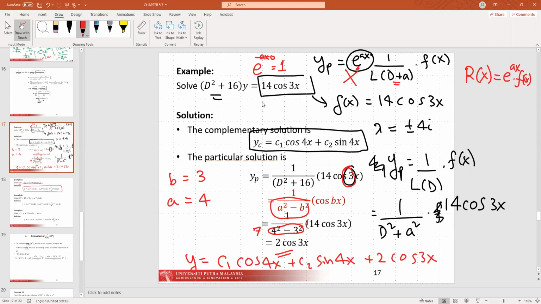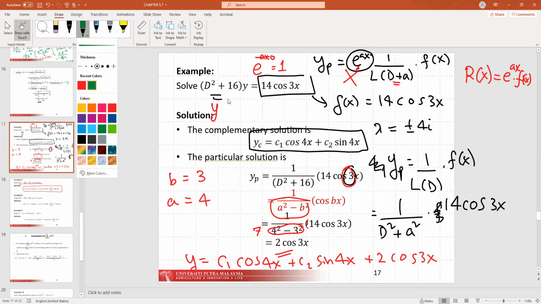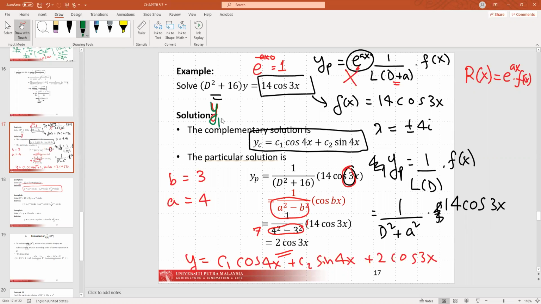So dia tak ada, dia akan jadi original yang balik. Okay, YP sama dengan 1 over L of D sahaja.